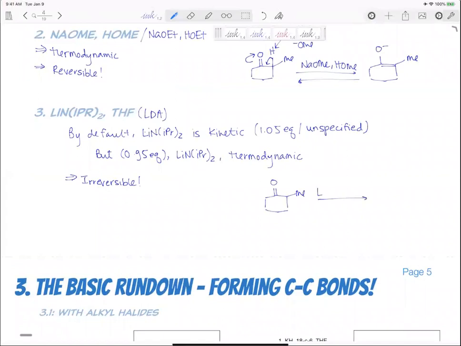If I say 1.05 equivalents, so we know it's going to be kinetic, so it attacks the less substituted site. It's going to form my enolate right here. And because this is an irreversible reaction, I only show one arrow. I'll talk about when to use an irreversible base and a reversible base later on as we go.